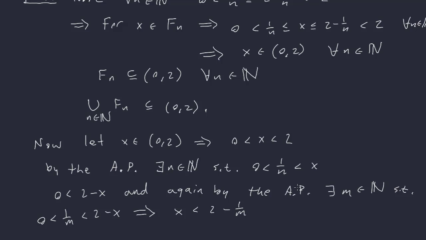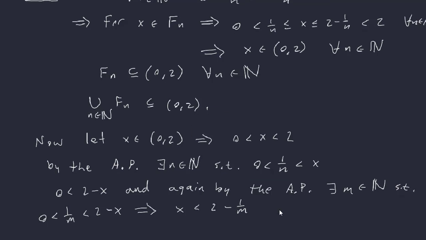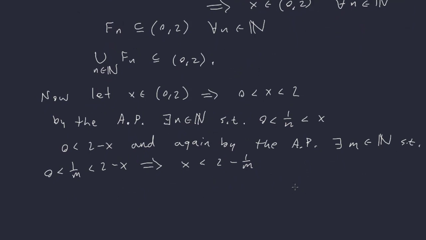Now, I could throw out a without loss of generality, but I do kind of want to show what's going on. So if m is greater than or equal to n, this implies that 1 over m is less than or equal to 1 over n.